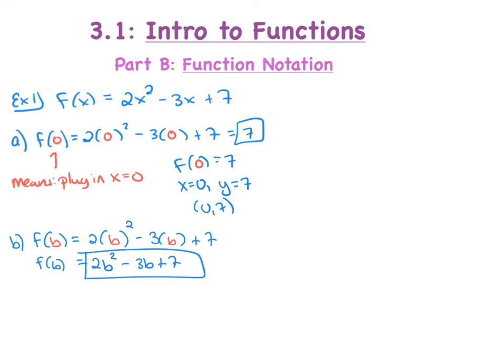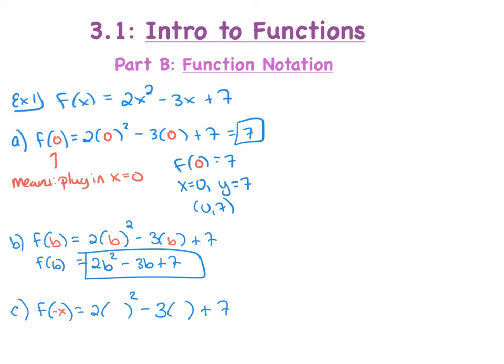Okay, let's try some others that you'll see in your homework. You might see f of negative x. Okay, so everywhere I have an x in my formula, 2x squared, I'm going to write parentheses instead, 2 parentheses squared, minus 3x, minus 3 parentheses, plus 7.